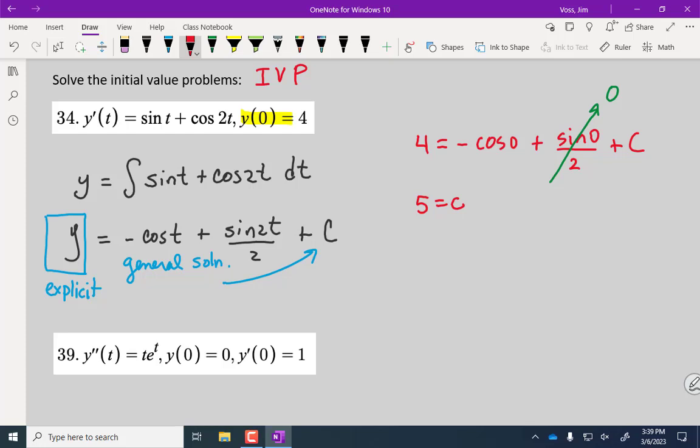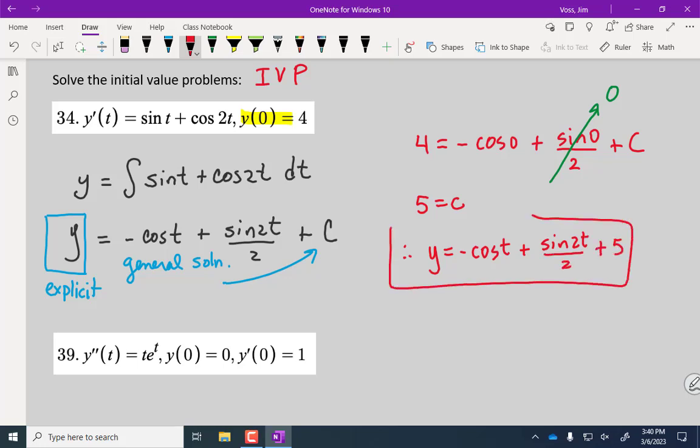And that gives us the particular solution. So this solution is particular to that initial value. If we have initial values, we can get one function, not a group of functions. When you have that c, you have a whole group of functions.